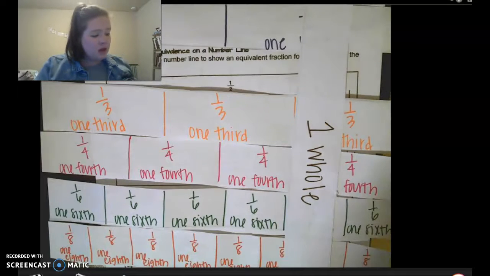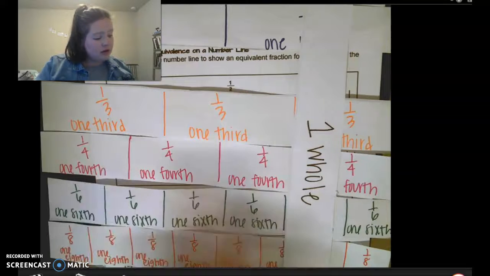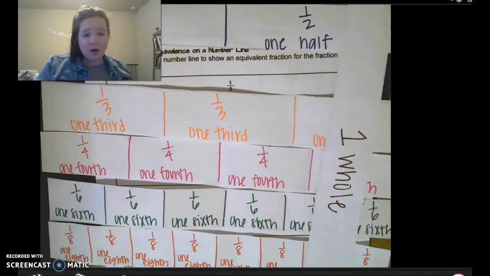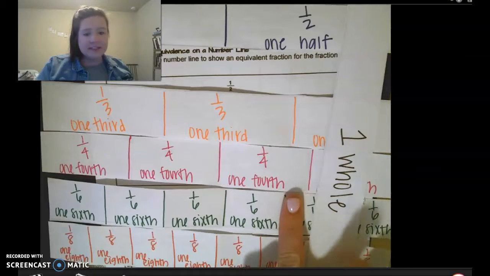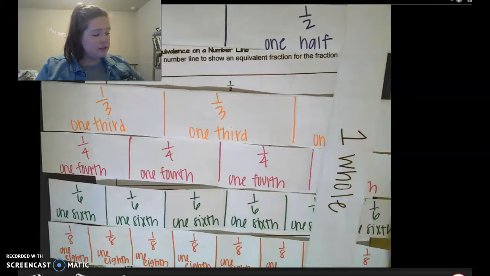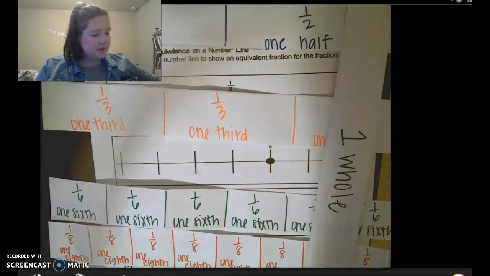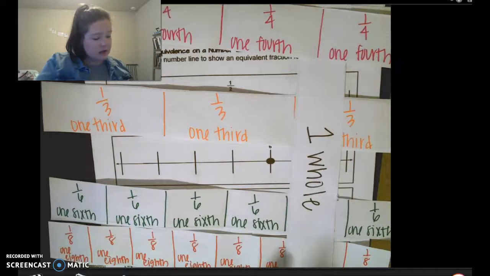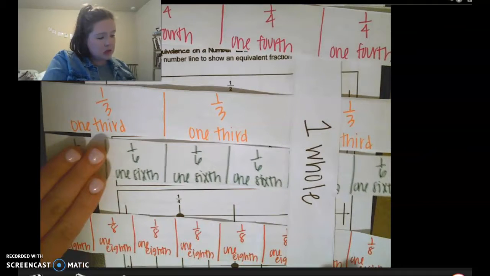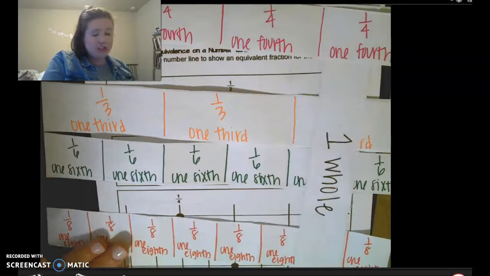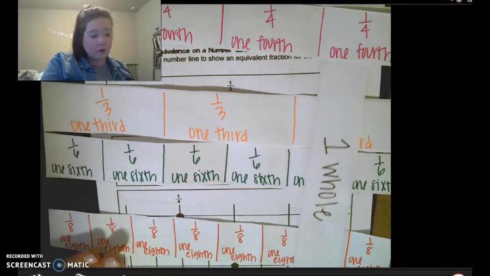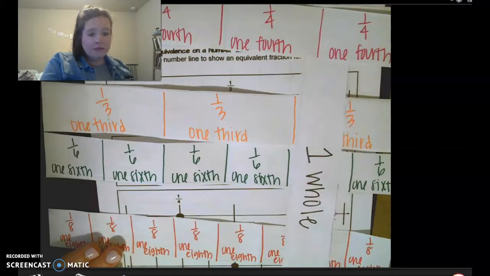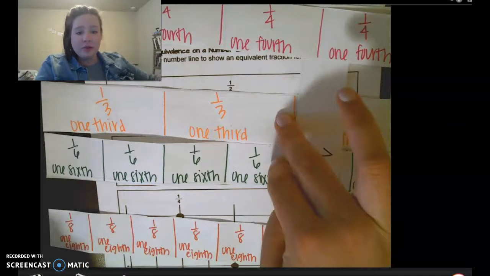Okay? 2/3 lines up. 3/4 does not quite line up. Here is 4/6 and here is 3/4. So I'm going to remove that. Okay? There is 4/6. 2/3, that works pretty well right there. If I'm looking at these two, that works pretty well.